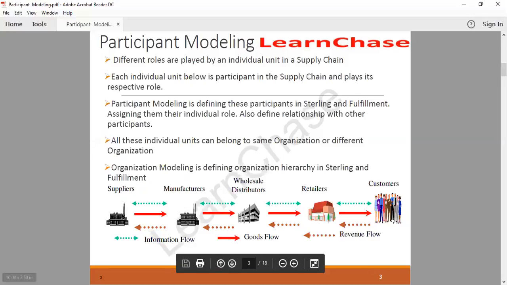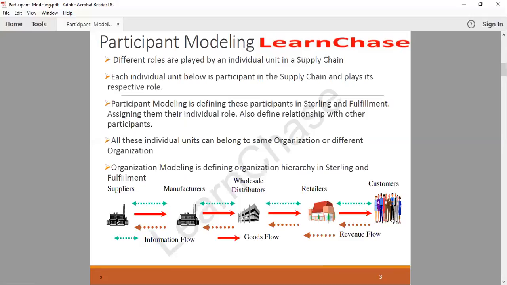There is a set of suppliers. These suppliers send the raw material, the basic material, to the manufacturer, who manufactures these materials into some basic components. They are sent to the wholesale distributors.